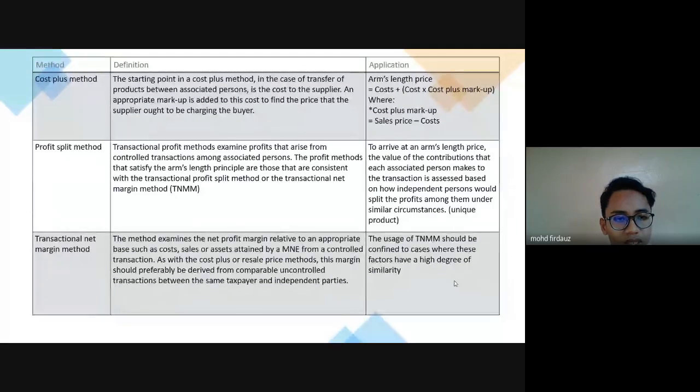The last one is the transactional net margin method. This method examines the net profit margin. How to determine it by the cost plus or resale price method should preferably be derived from comparable uncontrolled transactions between the same taxpayer and an independent party.